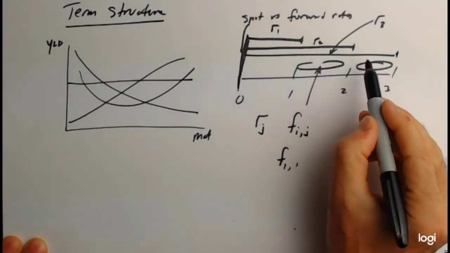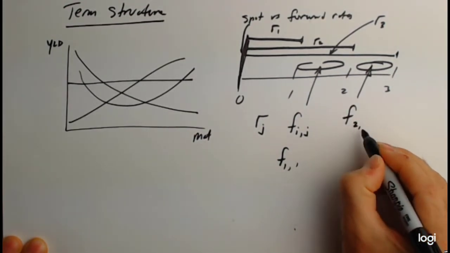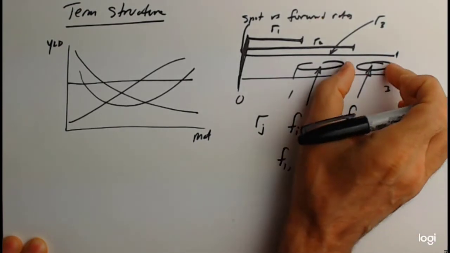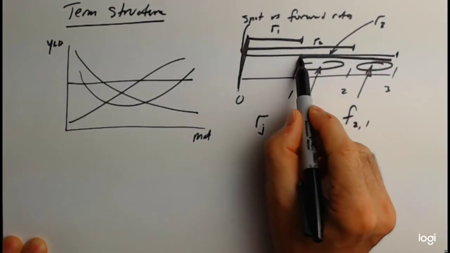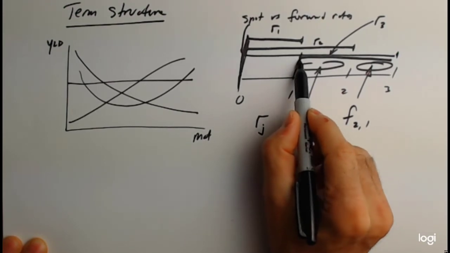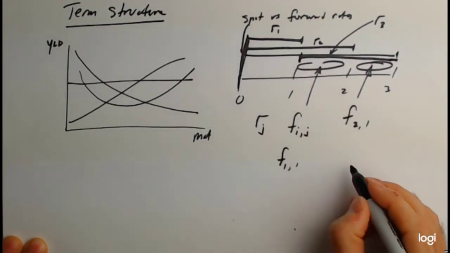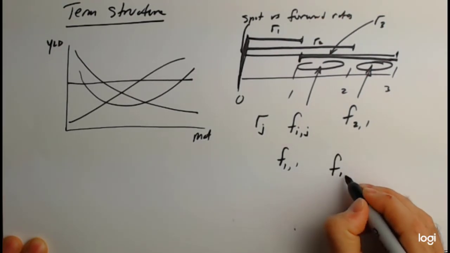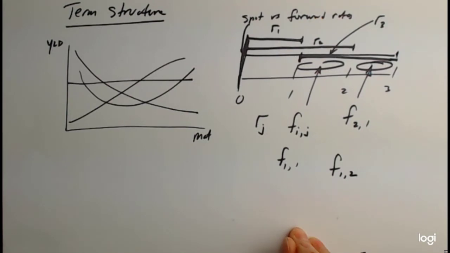We could also look at this forward rate, and this forward rate would start at period 2 and cover 1 period. We could have looked at this forward rate, which is a forward rate that starts 1 year from now, that goes 2 years, and that interest rate would be F12 because it covers 2 years, and so on. So that's differentiating between spot and forward rates.